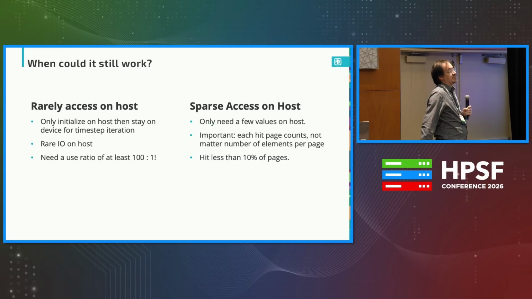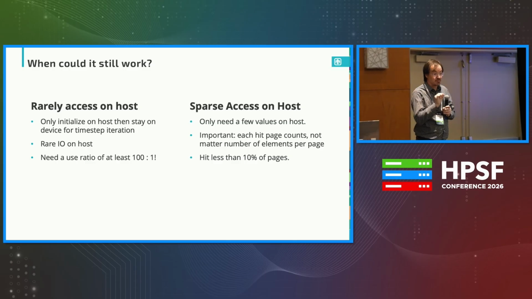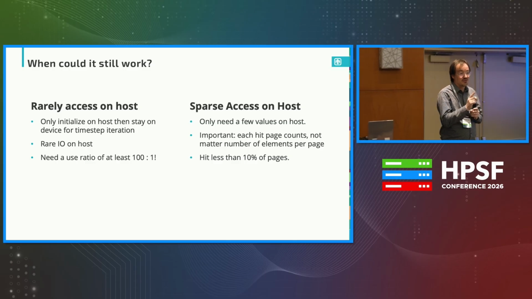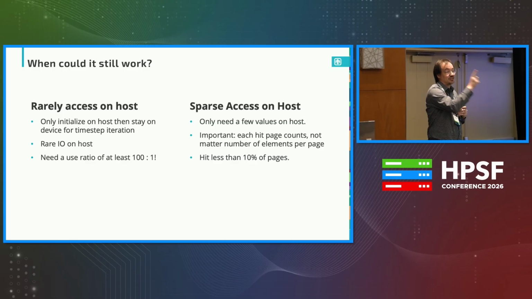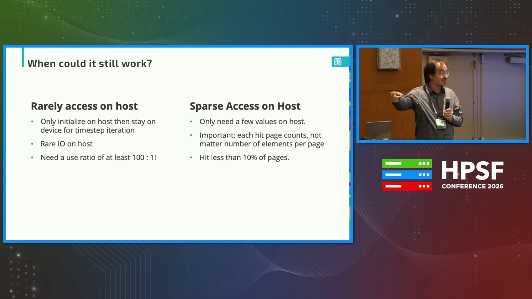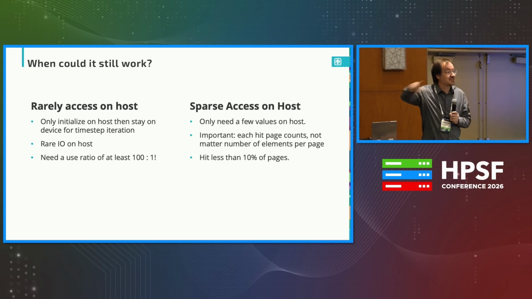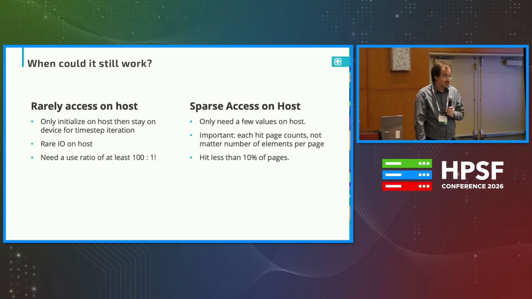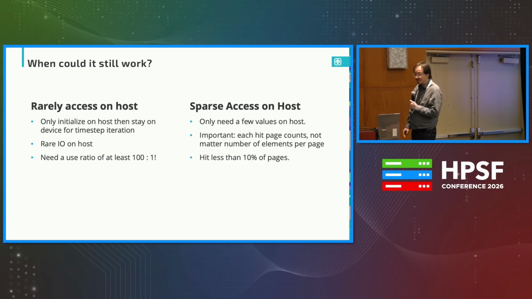Again, you need to hit a very large fraction of your pages, right? Even if you go through this and you say I touch every 1,000th entry, right? It's still bad because you're touching every single page, right? So your performance is still really, really, really crap.